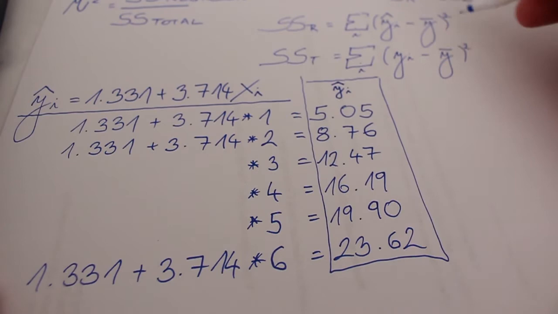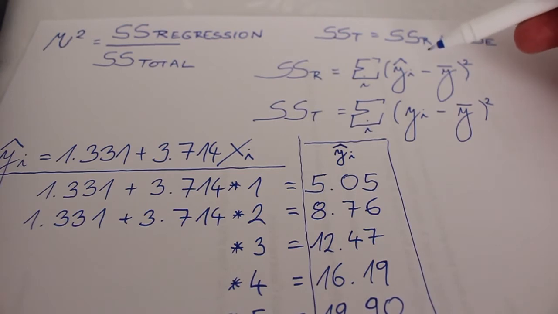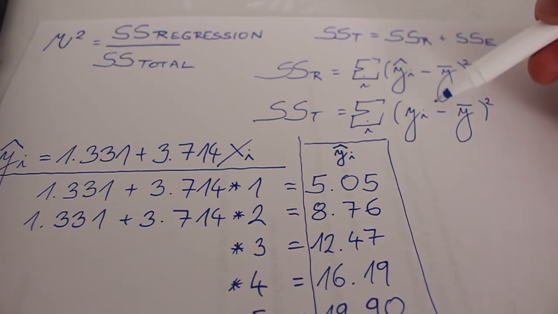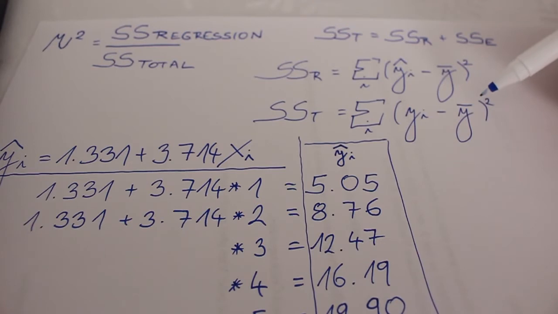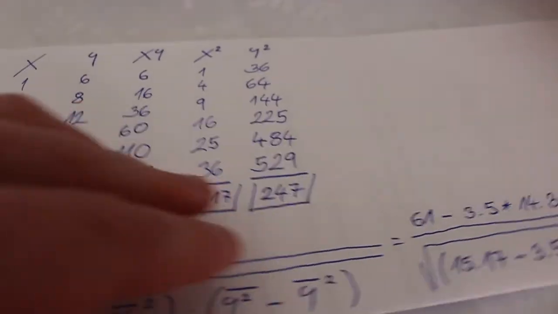Okay, and now we need to calculate the squares between fitted values and the mean of variable y, and empirical values and the mean of variable y. So now I will use this original paper.